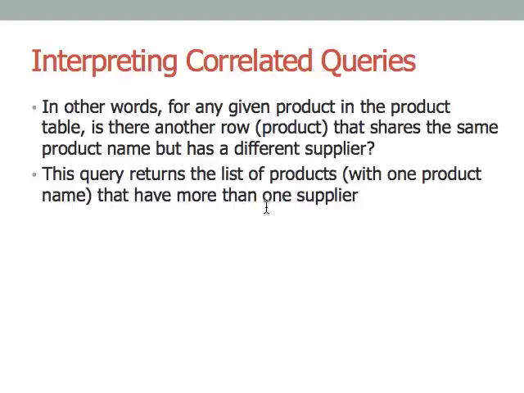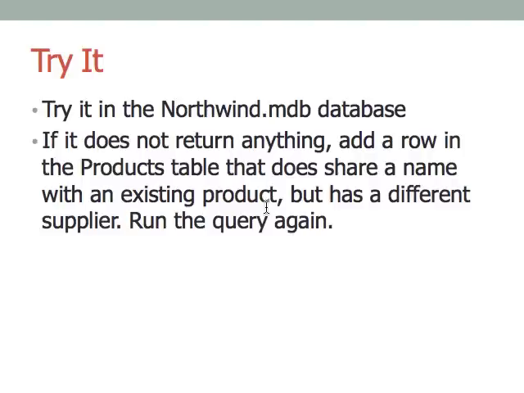So final result, the list of products with the same product name that have more than one supplier. So try this in the northwind.mdb database, and if it does not return anything, add a row in the product table which has the same product name but a different supplier, and see if the query gives you an output.